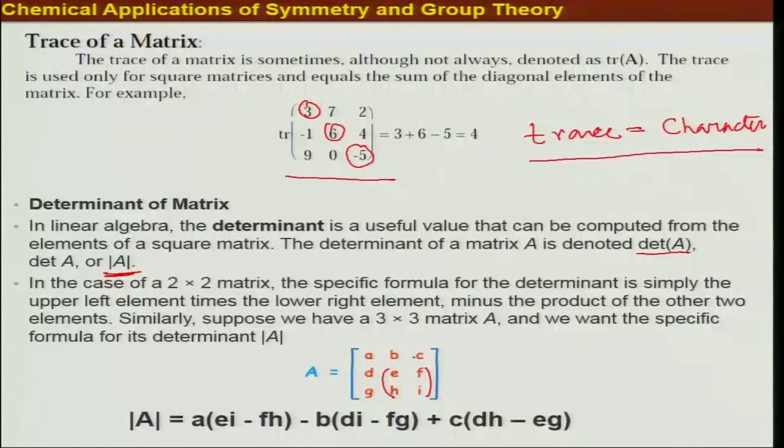Then you subtract a part where B is multiplied with the determinant consisting of these two terms, as you can see on your screen here, and then you do it for the C term. In this way you can find the determinant of any order. If you have a square matrix of any given order, you can find the value of its determinant.